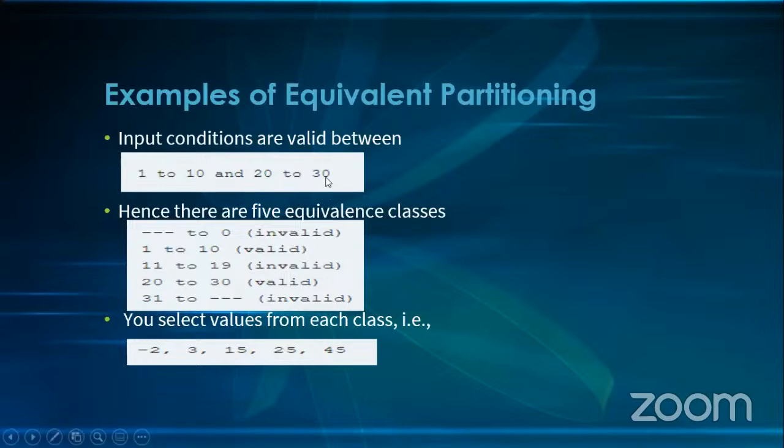This side, 20 to 30, is the valid part because 20 to 30 is also part of my condition for a valid combination, a valid class. Then anything from 31 further down till infinity is invalid because it's not part of what is expected. So I'm testing between 1 and 10, 20 and 30.